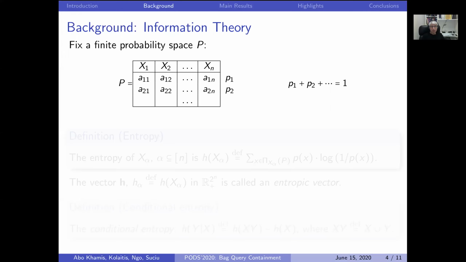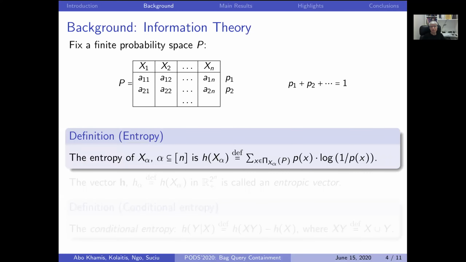The second kind of background that we need is from information theory. I'm going to represent a finite probability space through a relation P. P has n attributes, x1, ..., xn, and every tuple is annotated with a probability such that the sum of these probabilities is 1. We define the entropy of a subset of variables x alpha. So x alpha is any subset of the variables x1, ..., xn. And the entropy of this set is the standard definition. It is the expected value of log of 1 over p of x, where lowercase p of x is the marginal probability of the outcome x of these joint random variables.